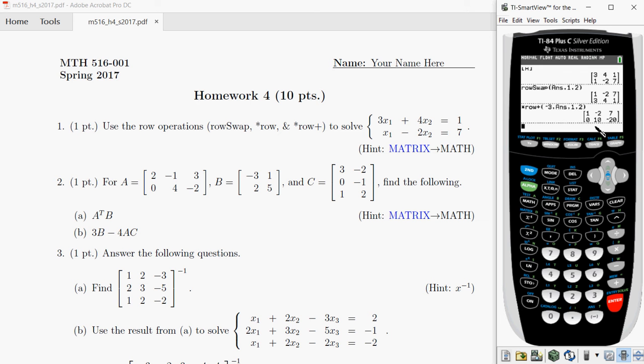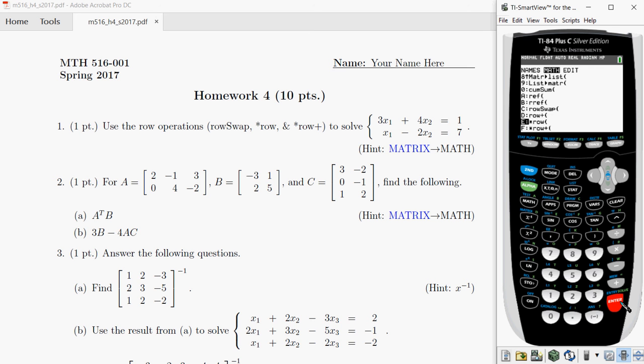You can see that we get 0 here. After that, we have to turn 10 into 1. We can simply divide the second row by 10. So go to matrix, then math, then multiply row.